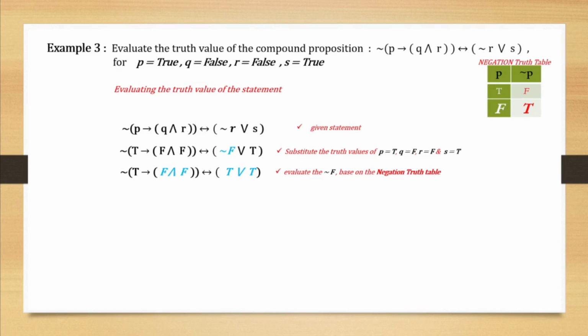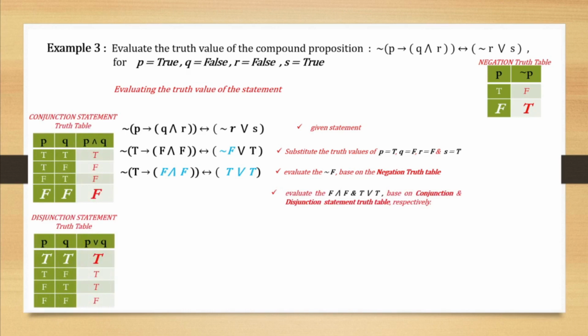Let us evaluate the conjunction of false and false and the disjunction of true and true. We have to work first with the conjunction of false and false. It is because that is the inner group of the first group in the statement, and the second group will be evaluated also using the disjunction statement truth table.